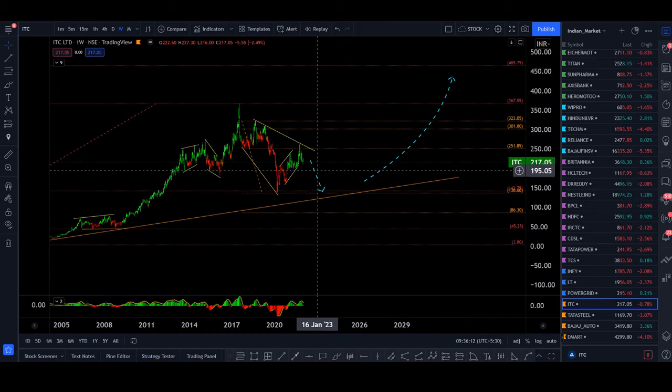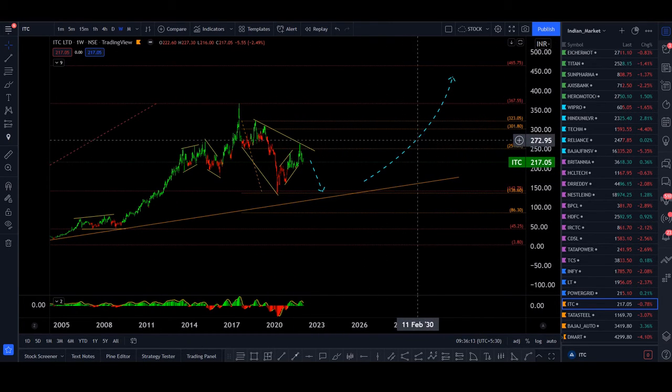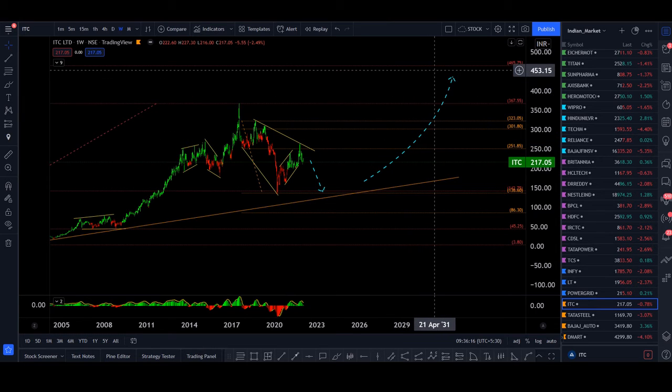But once it retests this, that will be a really good entry for an up move towards 450 rupees.